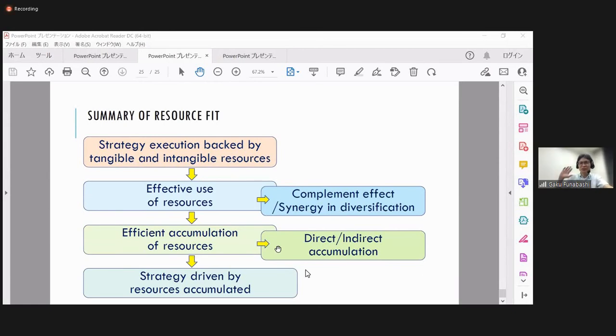Then you can get ideas for future strategies that nobody else outside your organization can think of. So that is a kind of summary of the processes you can think of when you think about your strategy in terms of the resource-based view.